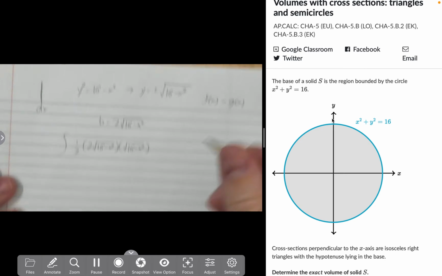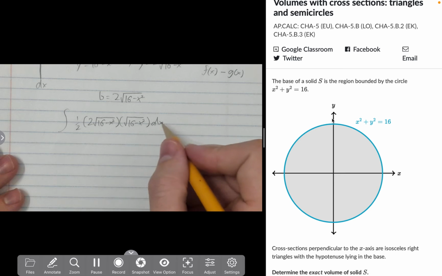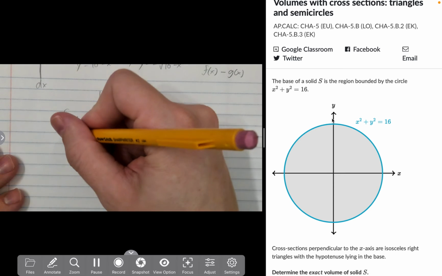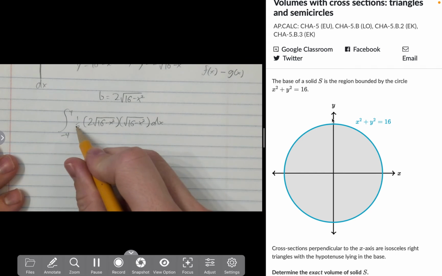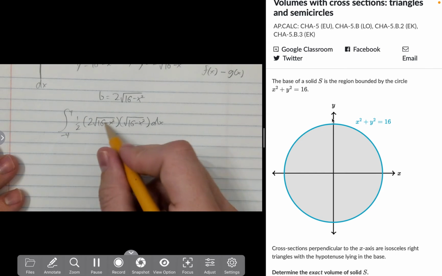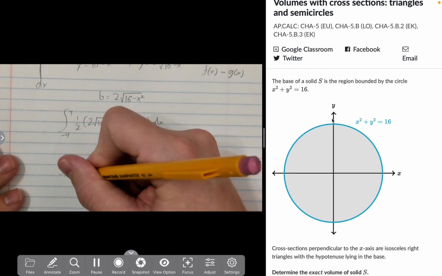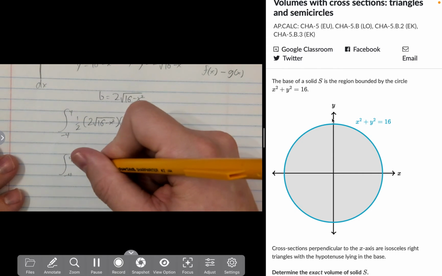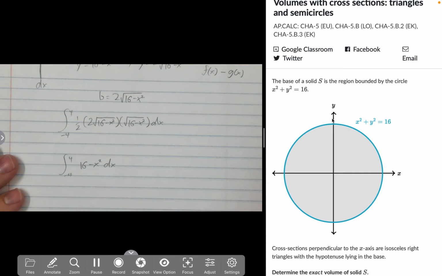Okay, so we get a lot of simplification there. Also, let's figure out our bounds of integration. Since that is the equation of a circle, those bounds will be from -4 to +4. If we clean this up, the 1/2 and the 2 will multiply and cancel out. The root and the root will multiply as well. So really, we just have the integral from -4 to 4 of 16 minus x squared dx.